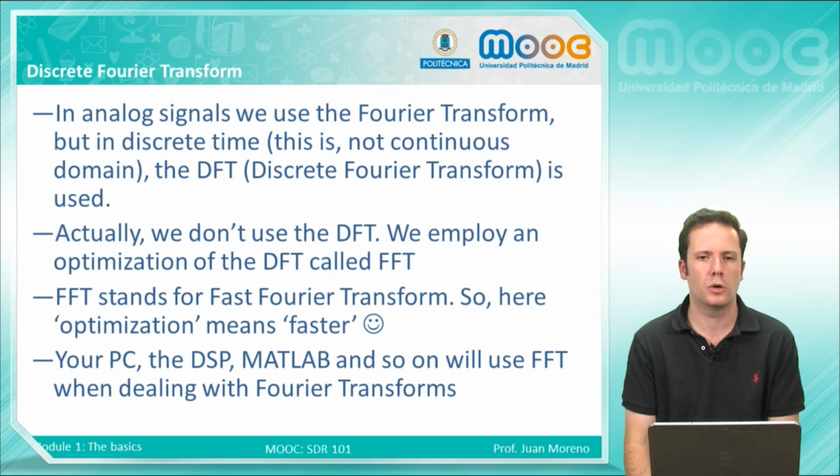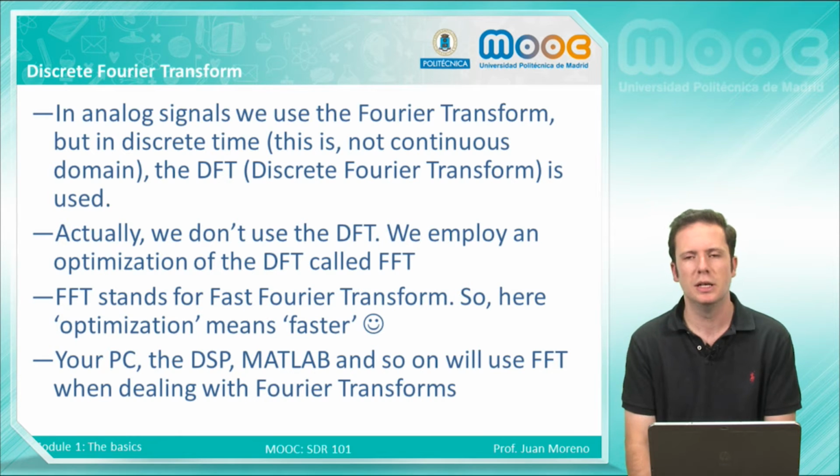We will work with the discrete Fourier transform, but actually we won't work with the DFT. We will use an optimization of this transform called FFT. FFT means fast Fourier transform. So this optimization means faster.